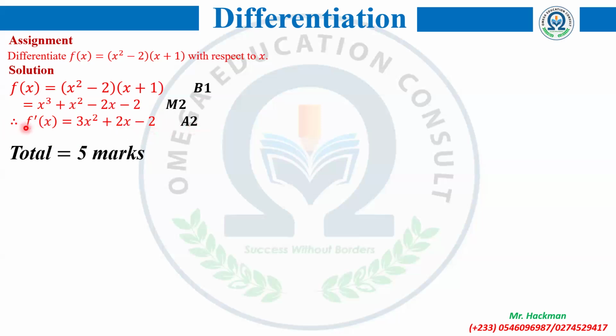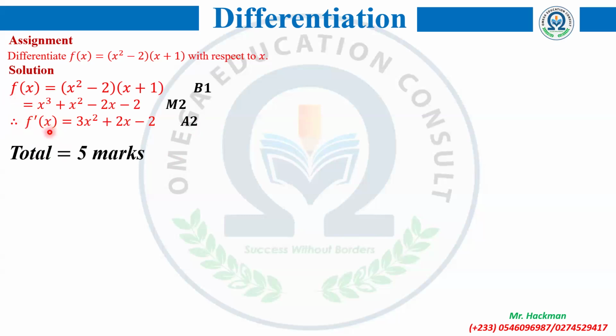If you concluded by writing d/dx of f(x), then it will be -1. Please, d/dx of f(x) you know is f prime of x. That is the matured notation. If you concluded by writing d/dx of f prime of x, that will be A0. d/dx of f prime of x means that you are differentiating twice. You are differentiating f prime of x, not f(x), but the question asks you to differentiate f(x).